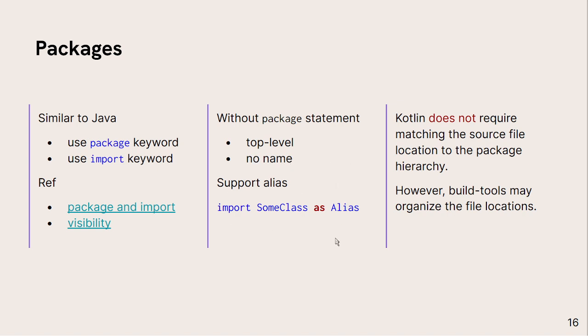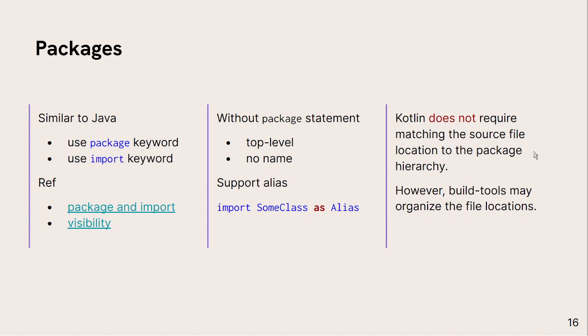And Kotlin supports aliases. While importing a class with an alias, afterwards we can use the alias as the class name. This is a great way of distinguishing the same class name from different packages.